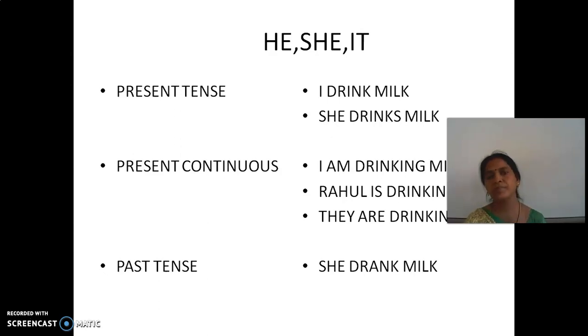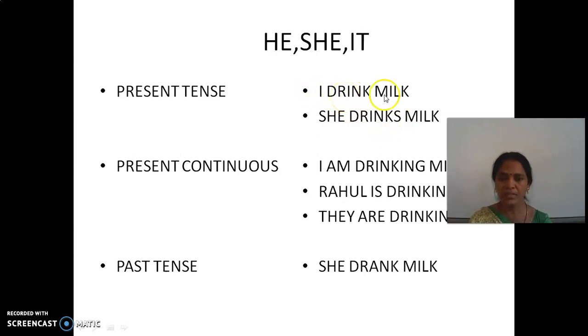What is the plural form of third person? They. So whenever we are using the present tense, suppose I say for the third person, she drinks milk. Can you notice that? Immediately after the main verb drink, with first person I and you, we use it as drink.